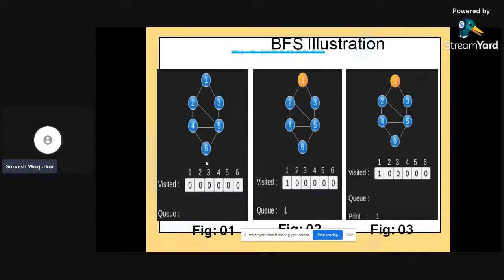The visited node we are going to mark with orange color, and unvisited will be blue color. In figure 1, we have initiated the process, and then we are visiting node number 1 first. Then I have visited 1, entered it into the queue, and then printed it, which means taken it out of the queue.